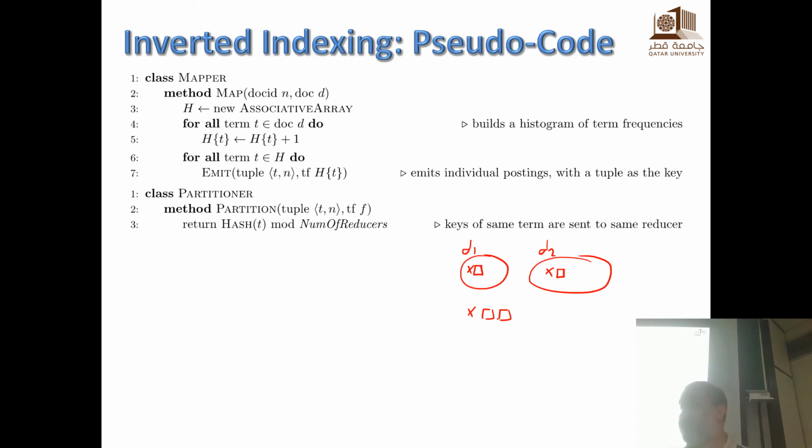Mapper is the object, and for one mapper, the map function is called per record, per key-value pair. Every call here is one document. So the mapper will process multiple documents. Is that clear now? So these come from different documents that are processed by the same mapper.